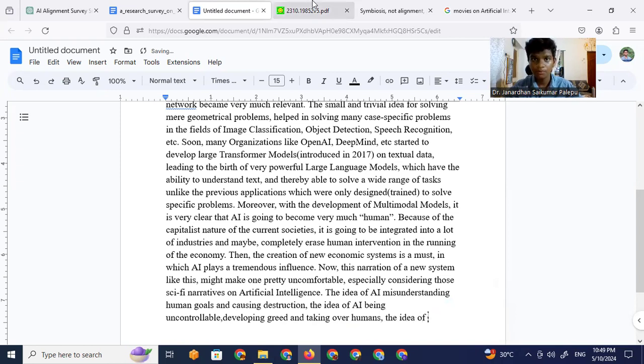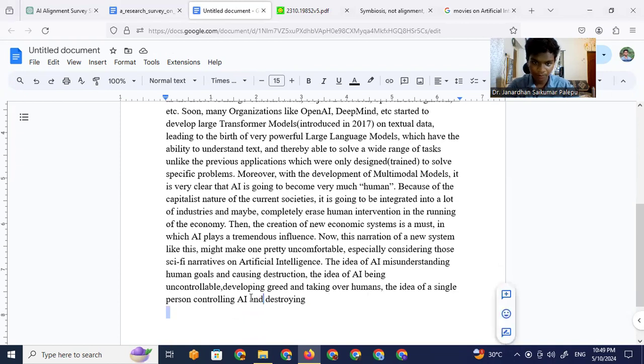The idea of a single person controlling AI and using it to his advantage, destroying everyone, dictating the entire planet.